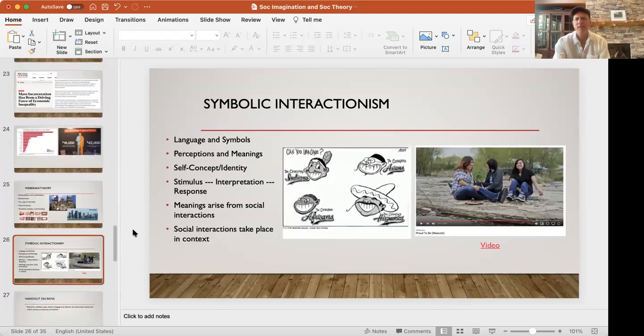Symbolic interactionism gets into language and symbols, perceptions, meaning, our self-concept, how we identify ourselves. One way of thinking about interactionism is that before we respond to something, there's a stimulus, something happens, but then there's the interpretation. How we interpret something influences our response.